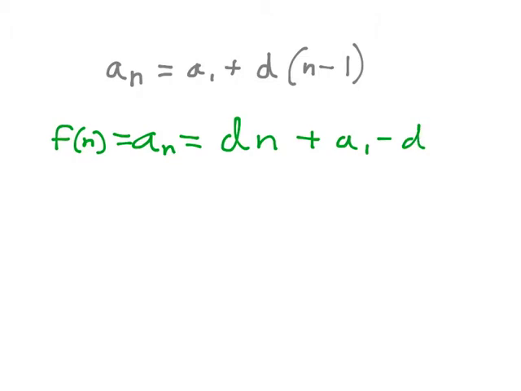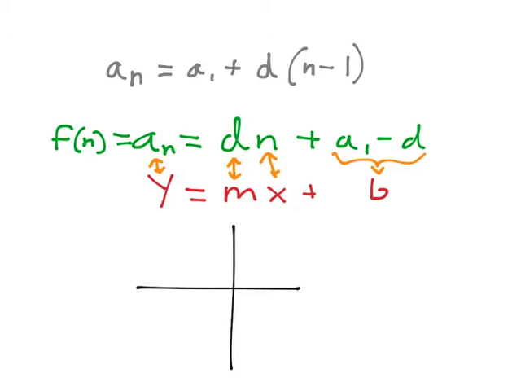You can immediately see how this relates to y equals mx plus b. So we could graph this where the axes are n and a sub n. The y-intercept would be b, and the slope would be d. From here we can get our line.